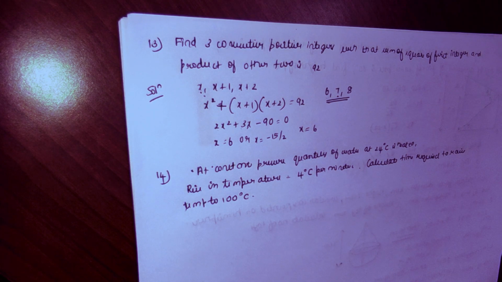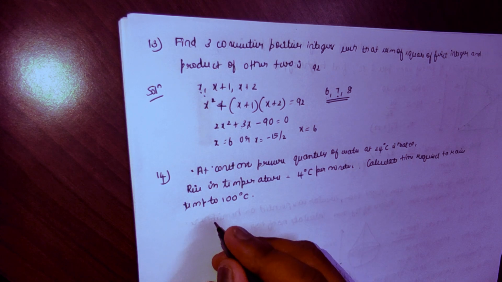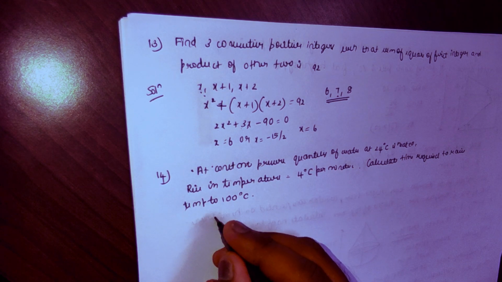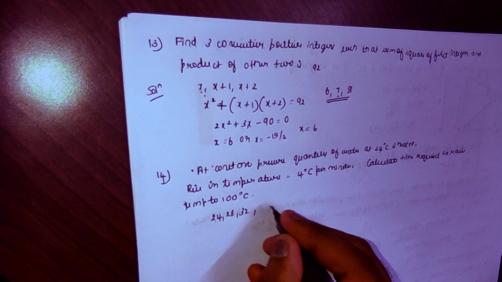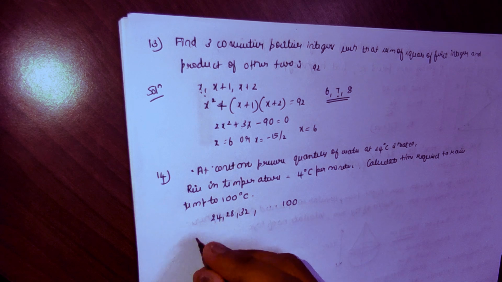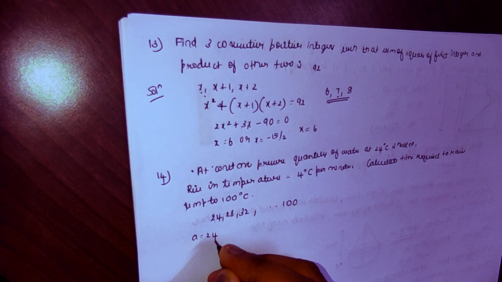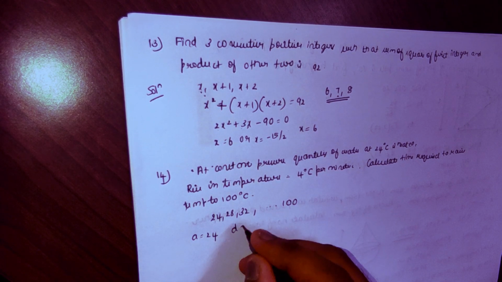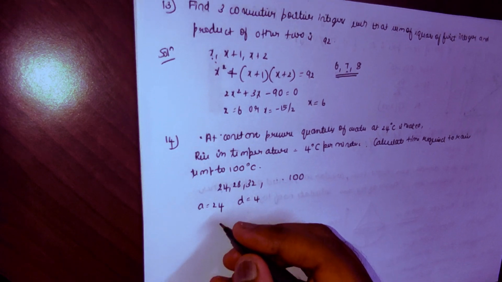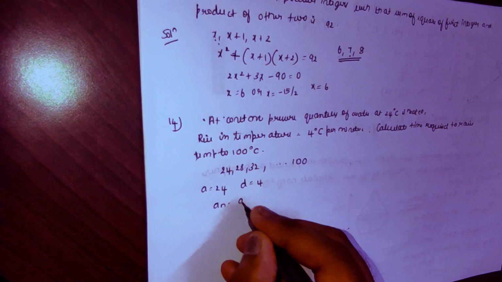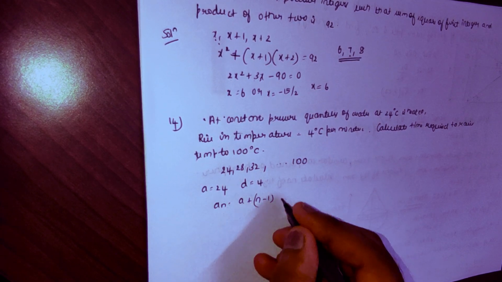So the temperature of the water is 24 degrees Celsius and it is raised by 4 degrees. It becomes 24, 28, 32. We have to find up to 100. We know the value of a, that is 24. This is like an arithmetic progression. Difference is 4. We will apply the nth term of the arithmetic progression formula, an is equal to a plus n minus 1 into d.